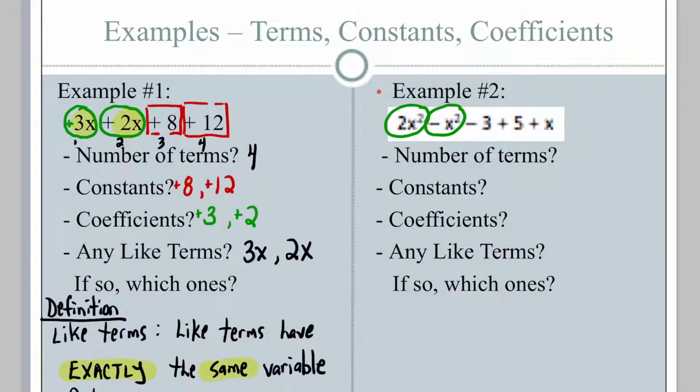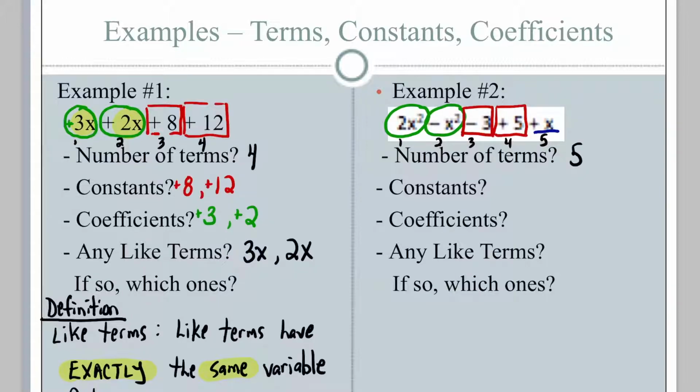We have a -3, a +5, and a +x. And so if I were to count these, I have 1, 2, 3, 4, 5 terms.